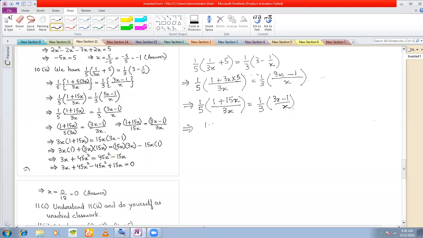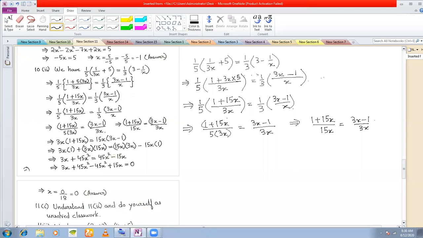This will become 1 plus 15x divided by 5 into 3x is equal to 3x minus 1 divided by 3 into x, which is 3x. So this is 1 plus 15x divided by 15x is equal to 3x minus 1 by 3x.